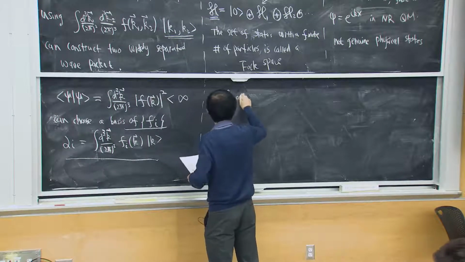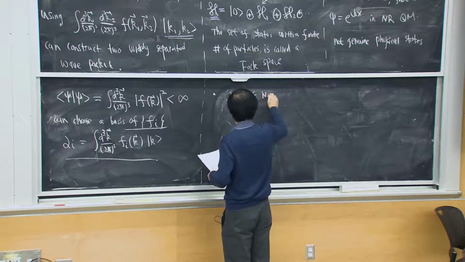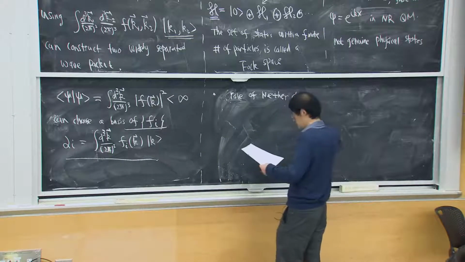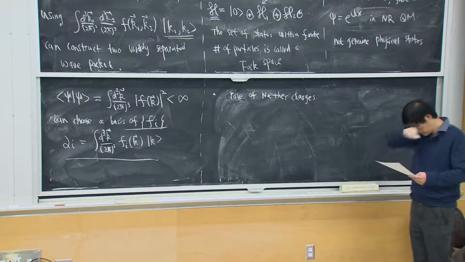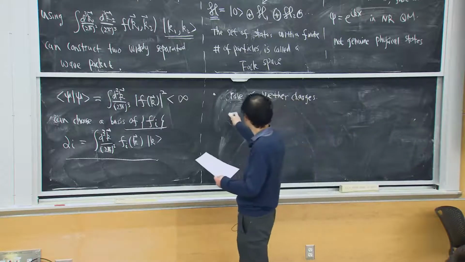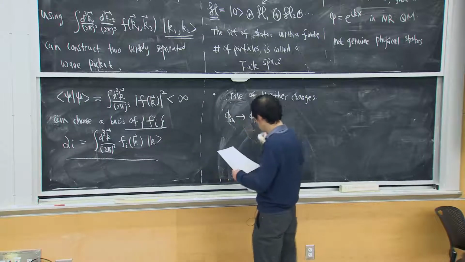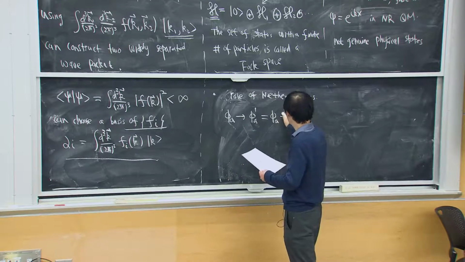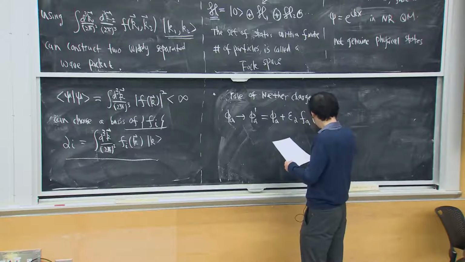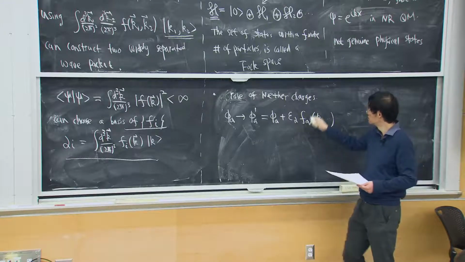Quantum Noether charges. So classically, we say if the action is invariant under some symmetry, some continuous transformation of the infinitesimal form, the alpha are the infinitesimal parameters.